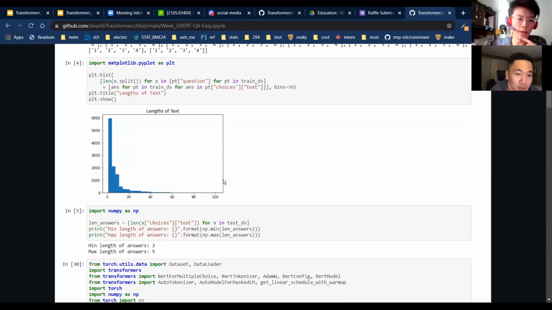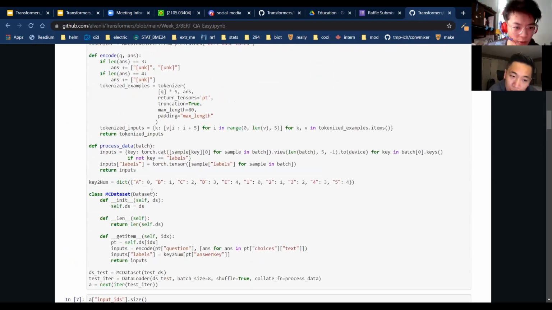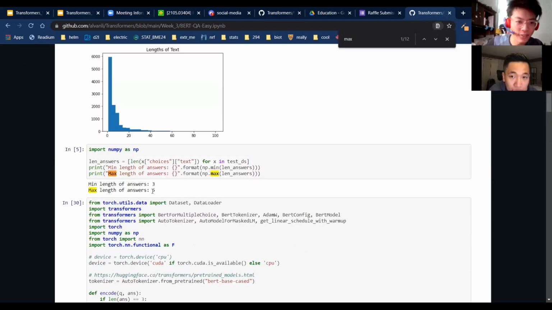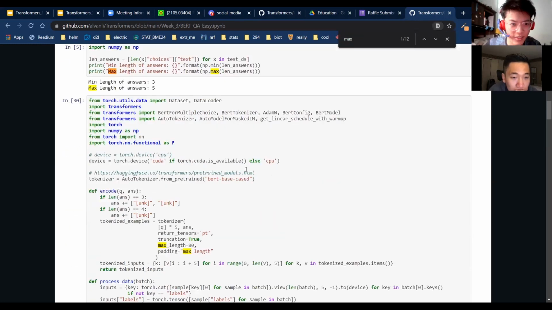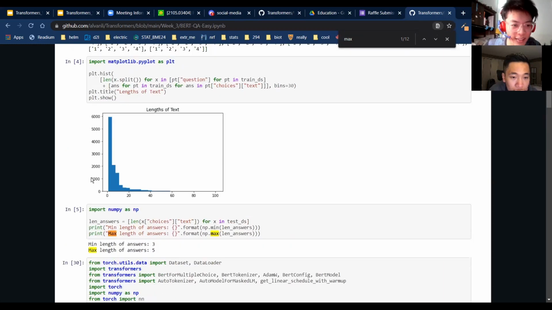I also did some really basic data analysis. This is the distribution of the lengths of texts, and I think I cut it at a very small number. I definitely defined max length somewhere. Max length, oh, 80. So I just cut it right here. I don't think there's anything beyond that number of words.